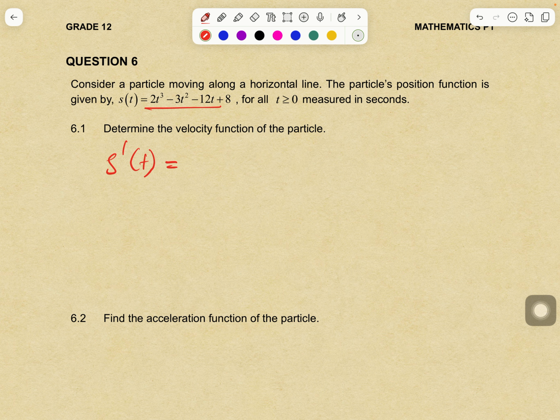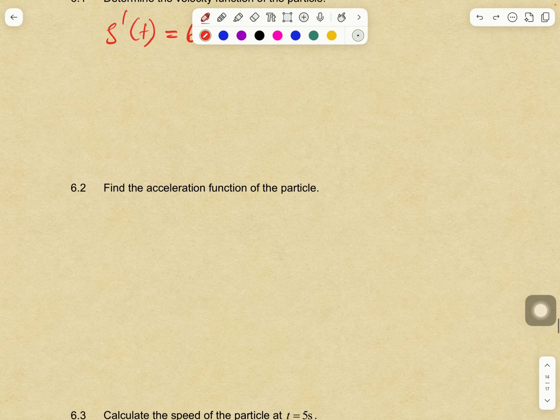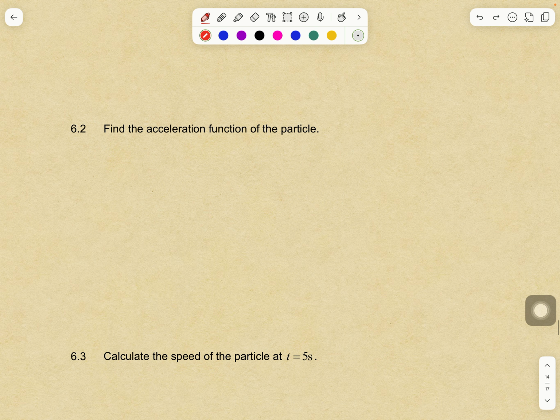Now, if you differentiate this, you're going to get 6t squared minus 6t minus 12. That's what you get. Now, the next question, they say find the acceleration function of the particle.